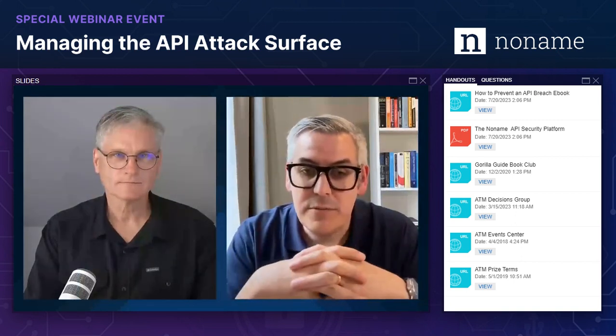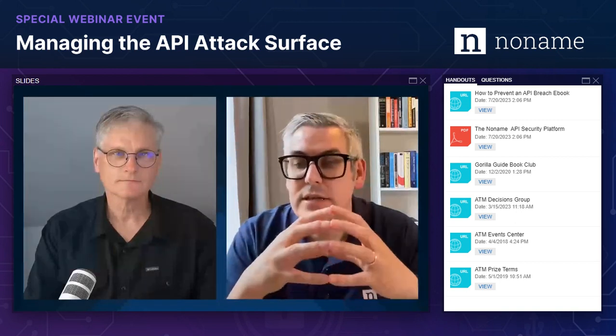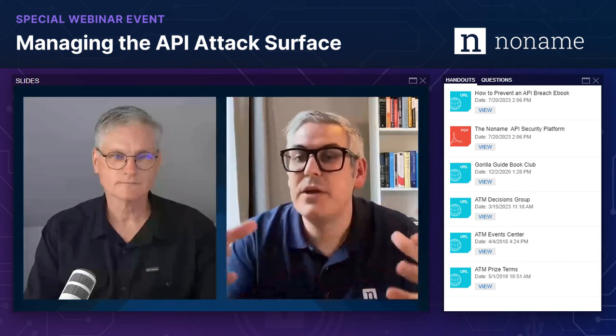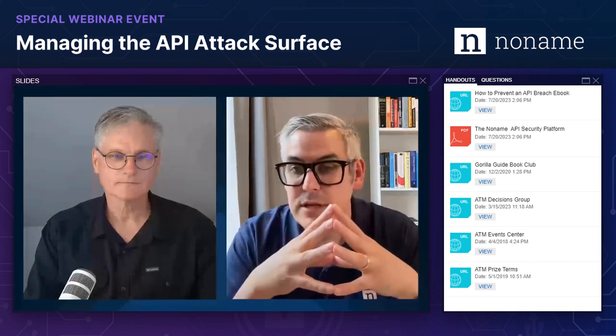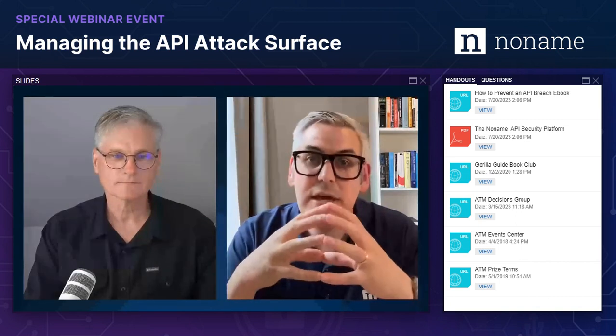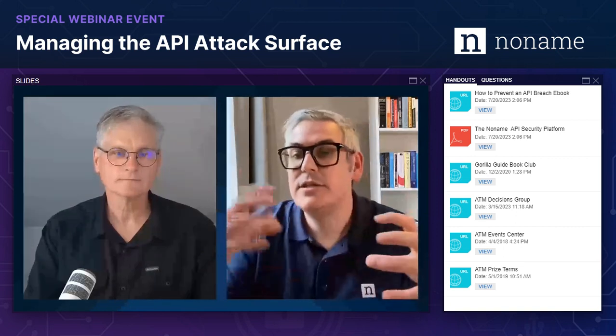What we see from a security and API programs perspective is that it typically falls under the purview of the CISO organization and the application security team. That is typically where this fits. The reason is there are a bunch of tools you already have that you can extend this context into.